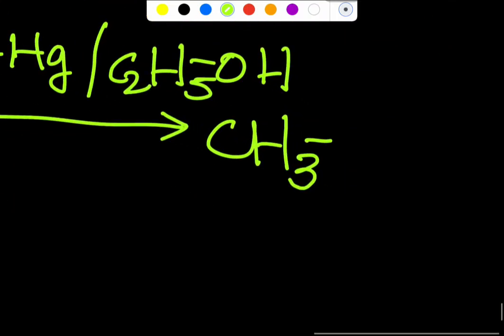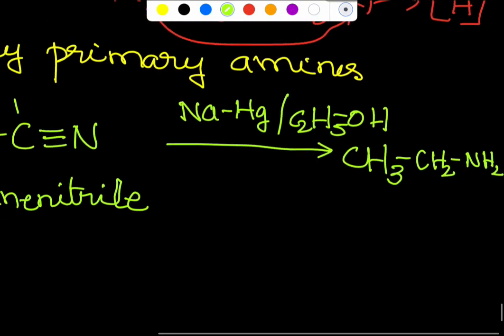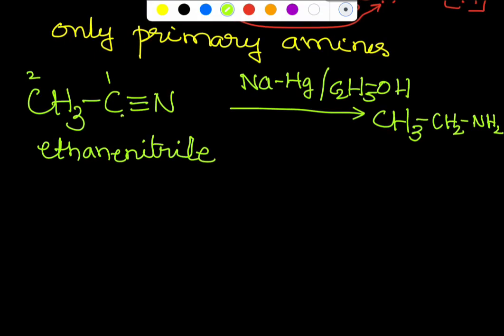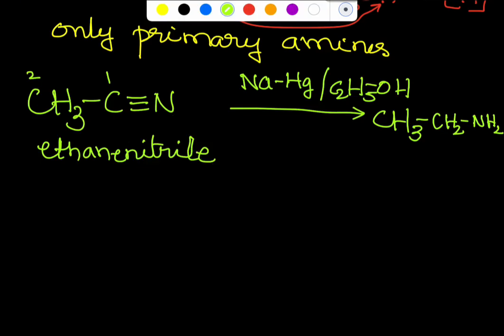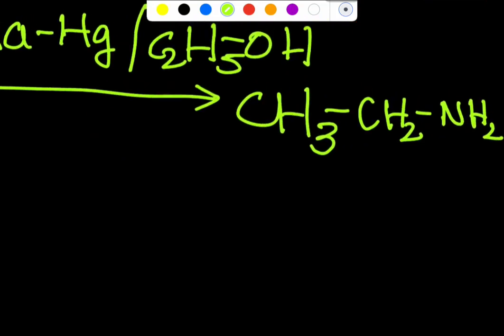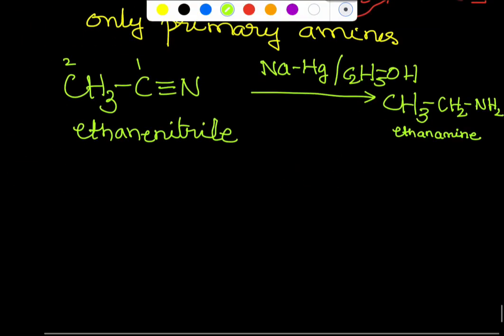Four hydrogens are added here: C becomes CH2 and N becomes NH2. Now you know how to name this compound. It is called ethanamine.